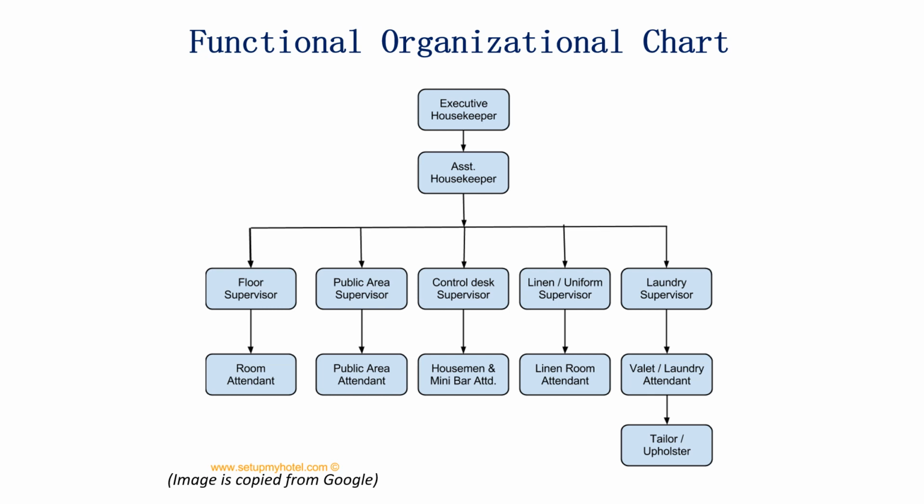A functional hotel organizational chart also includes a hierarchy used in those businesses and hotels that have specialized their important business departments. In the functional organizational chart, the positions and their information are also listed, which means with a photo, name, and contact details.